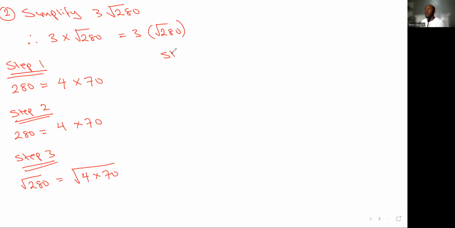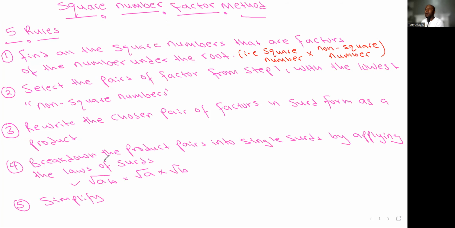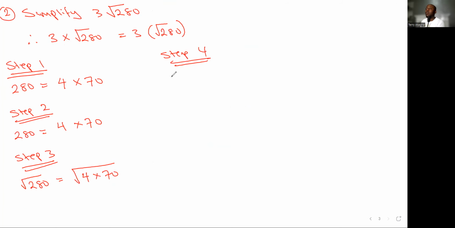So step 4 said that we have to break down the product pairs into single surds by applying the laws of indices. We know that square root of AB is equal to square root of A times square root of B. So square root of 280 will be equal to square root of 4 times square root of 70.